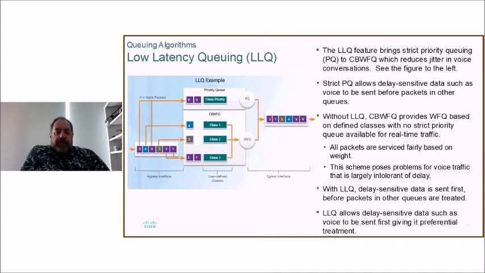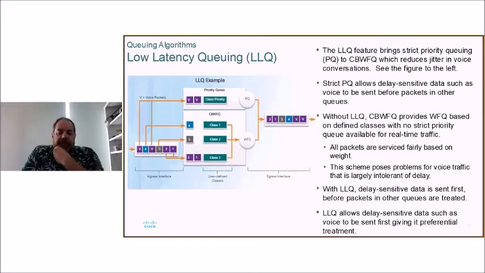Okay, so low latency queuing, or LLQ, brings strict priority queuing to your CBWFQ, which reduces jitter in voice conversations. We'll look at the figure a bit later. Strict priority queuing allows delay-sensitive data such as voice to be sent before packets in other queues.